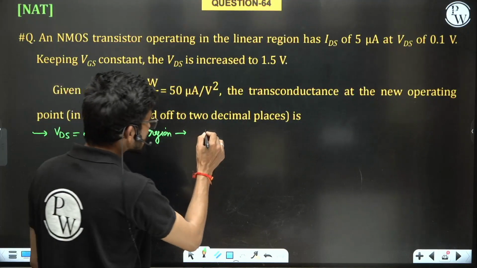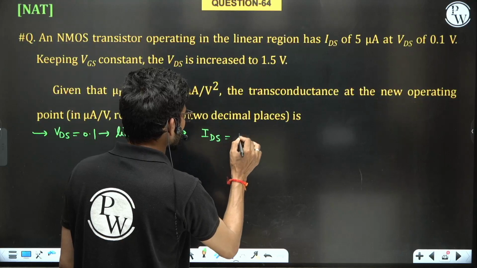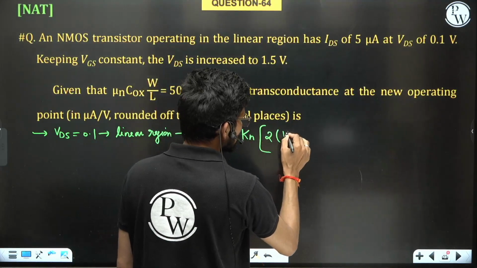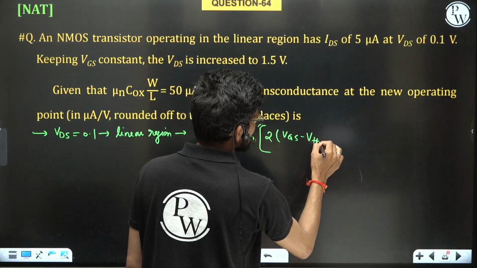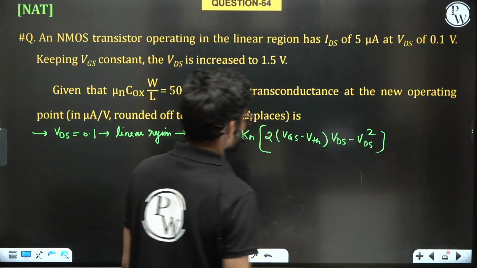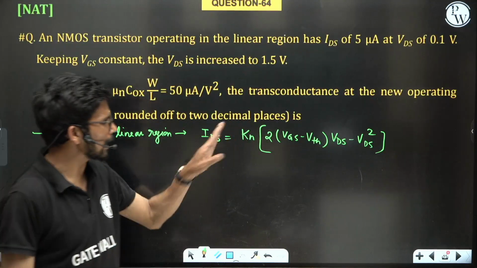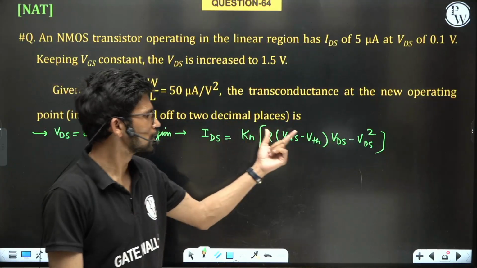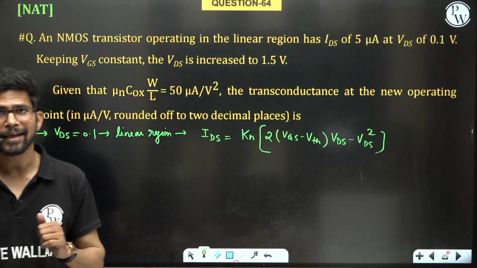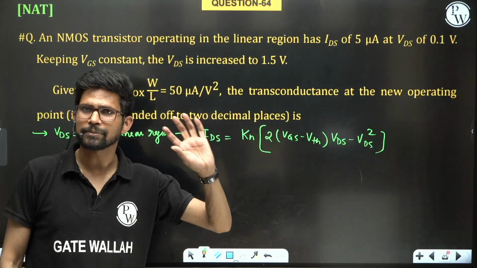And in linear region, current is given by IDS equal to capital Kn into 2 into (VGS minus VTH) into VDS minus VDS square. Here VDS is known, Kn is known, IDS is known, so I can find out the value of VGS minus VTH. Why should I know it?